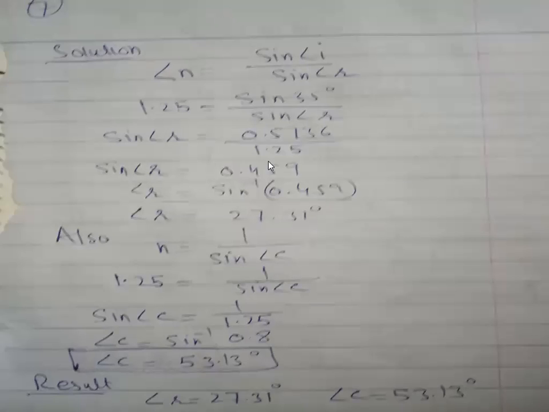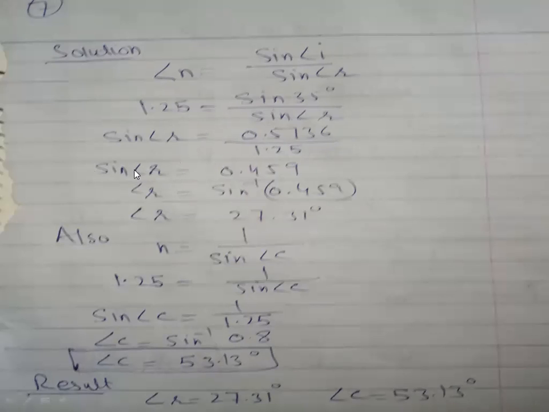So I use the formula: refractive index is equal to sine i over sine r. Just plug in the values and solve it. Take sine r over there, and 1.25 will be divided. If you take sine 35 degrees with the help of a calculator, it will be 0.5736, and the value of n is 1.25.